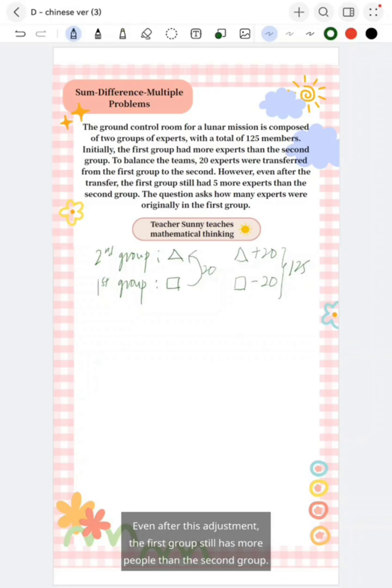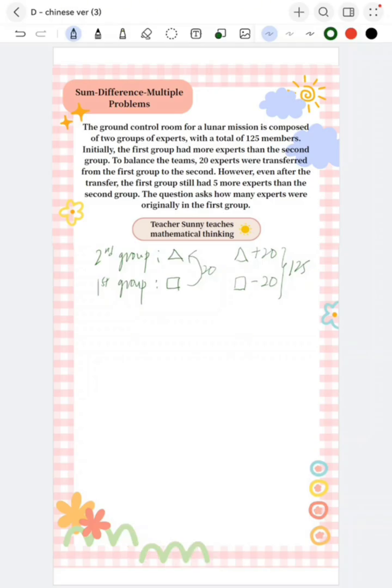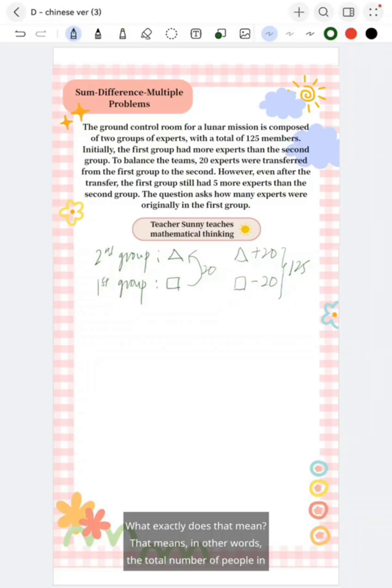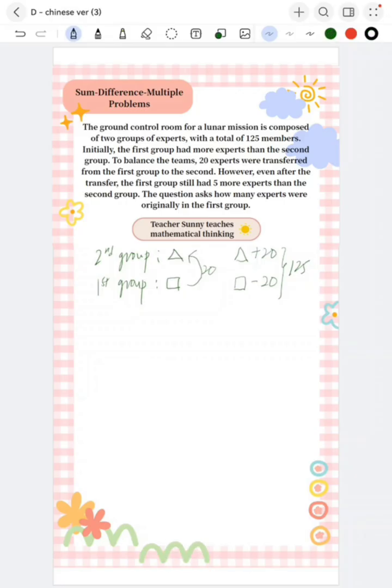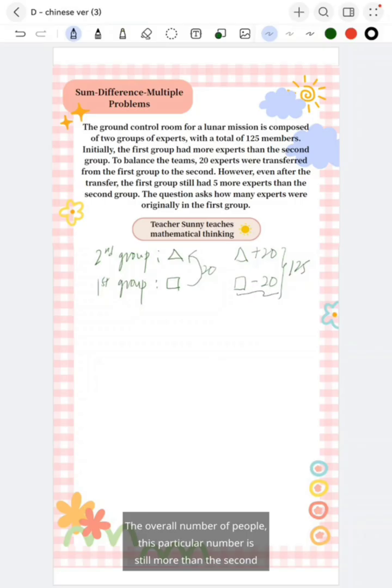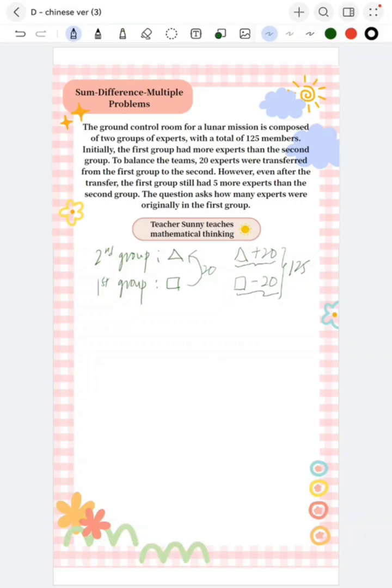Even after this adjustment, the first group still has more people than the second group. What exactly does that mean? That means the overall number of people in the first group is still more than the second group by 5 people.